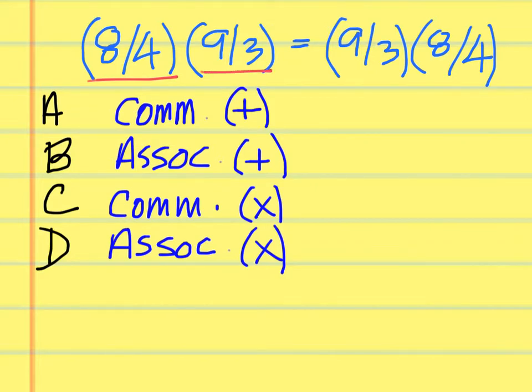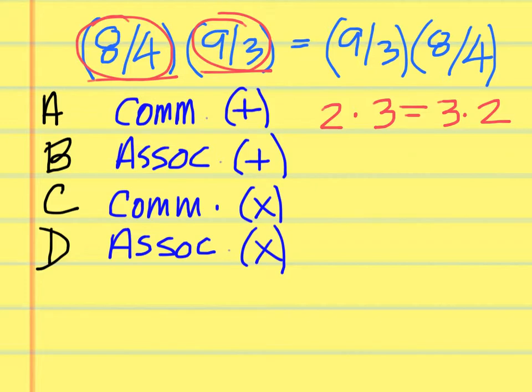You could rewrite this as simply 2 times 3, because that's the result from here and there. But on this side, it's reversed, 3 times 2. So that would be the commutative property of multiplication.